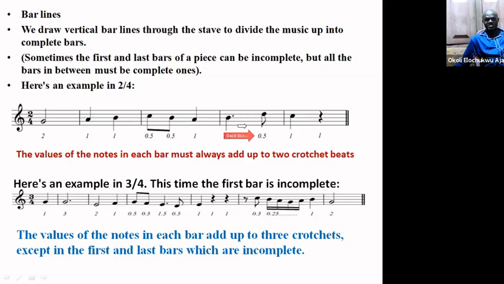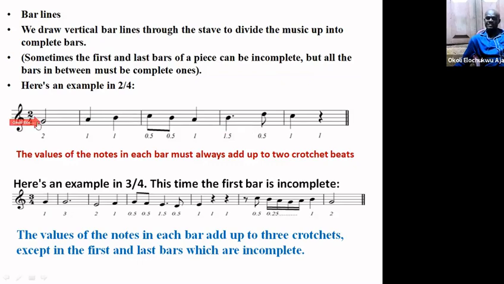1 crochet plus 1 crochet equals 2 crochets, and 2 crochets are equal to 2 beats, because you remember a minim is 2 beats.